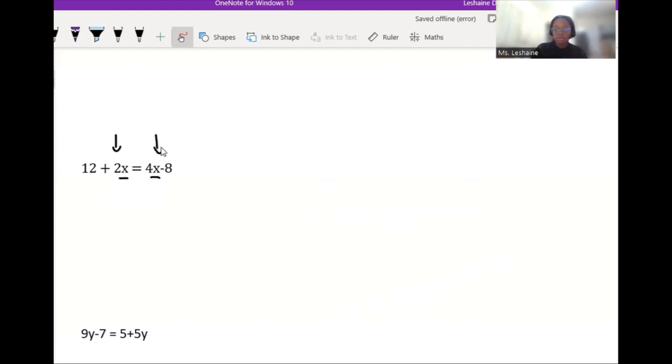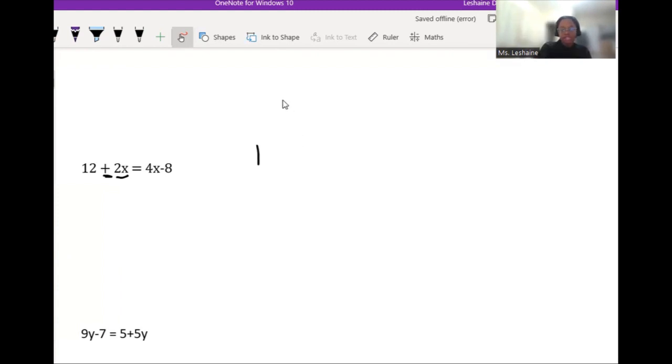If I subtract from one side, I have to subtract the same thing from the other side to keep it balanced. So I want to get rid of this 2x that's right here. The only way that I can get rid of a 2x that's being added is by subtracting it from both sides.